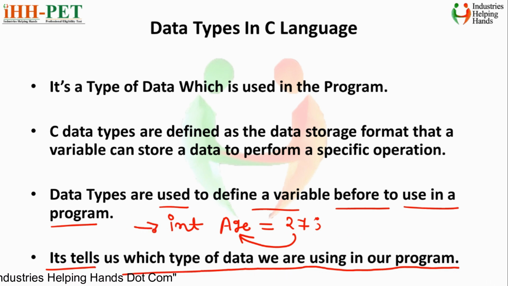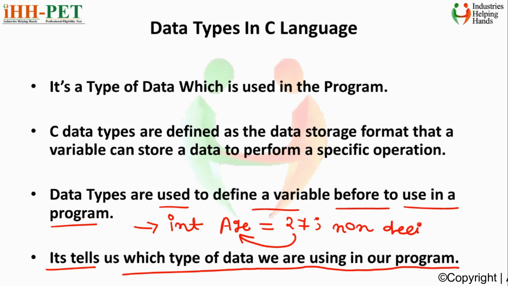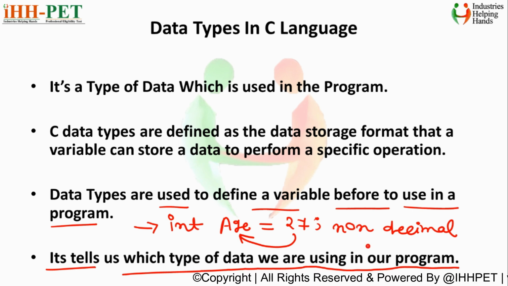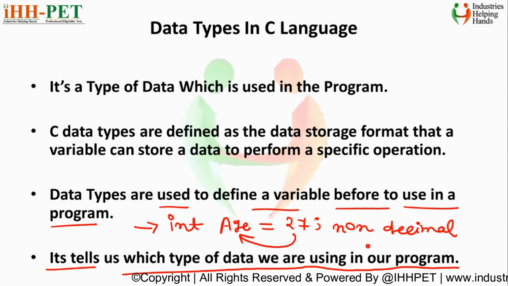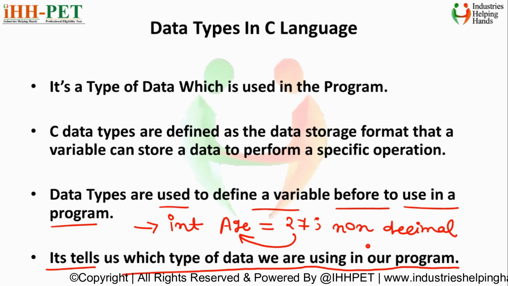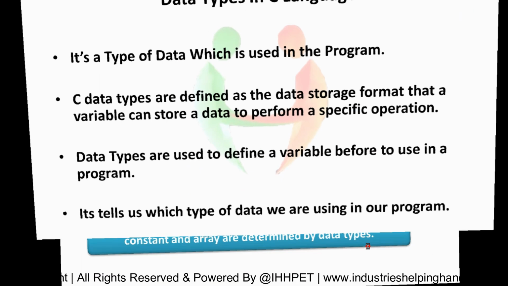So the integer data type tells us we are using a non-decimal value, and the compiler can easily understand which type of data we are taking as input.